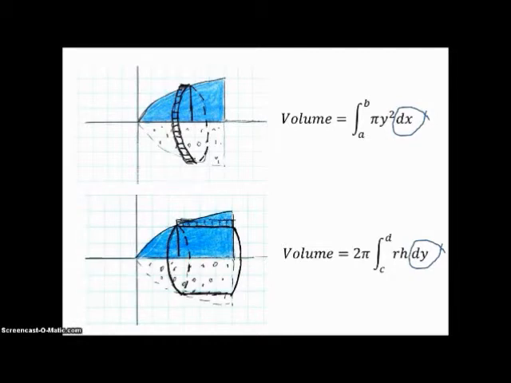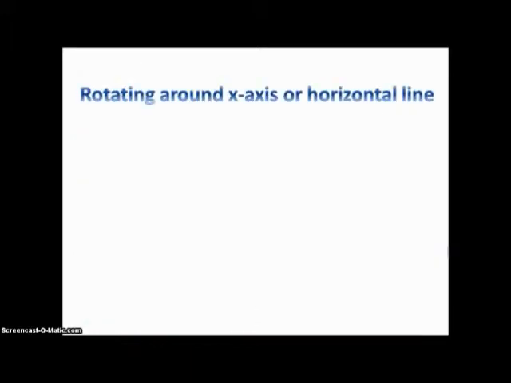In this case, r would be y, and h would be whatever the x value is at that line minus the x on the curve, and then you'd have to rewrite that x in terms of y. Okay, so notice that when we revolve around the x-axis, disks use x to integrate, but shells use y, so it's like the opposite. Okay, so let's just summarize that.